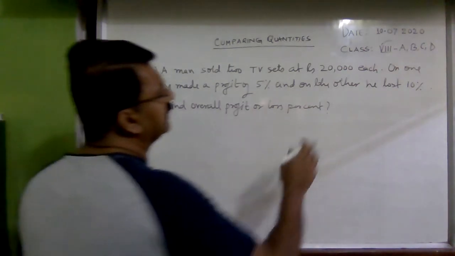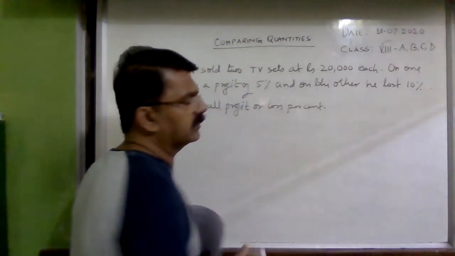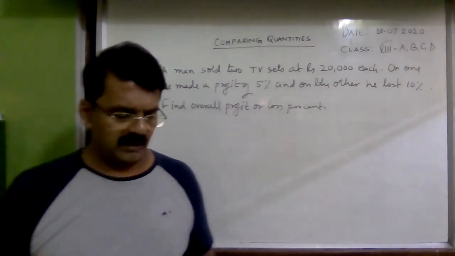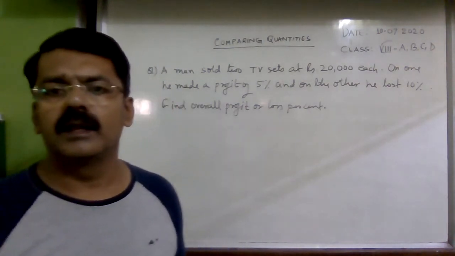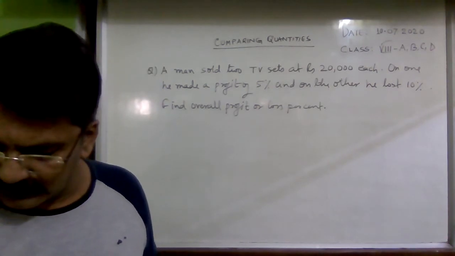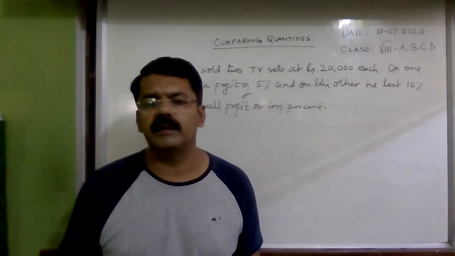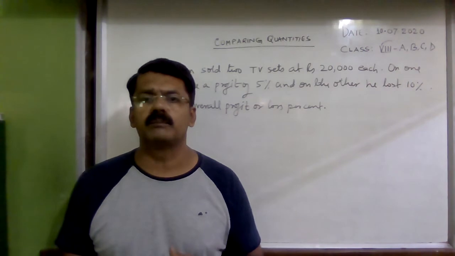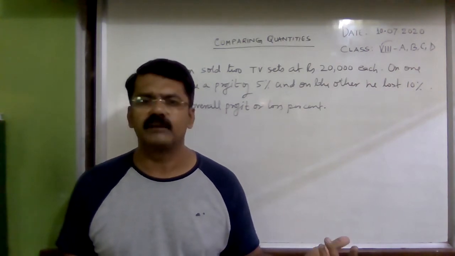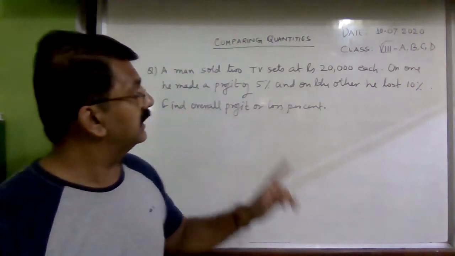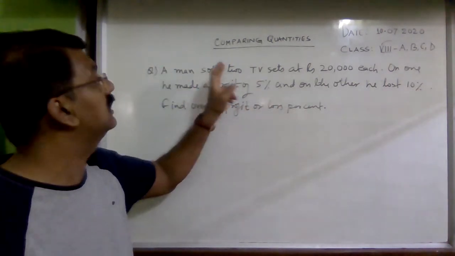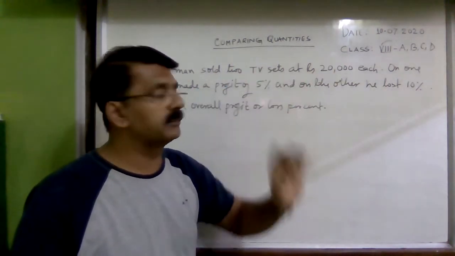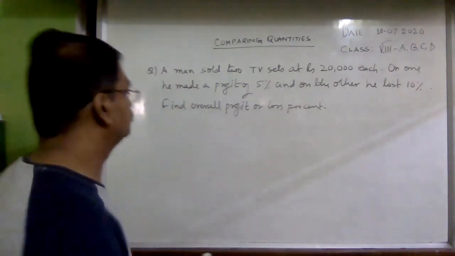So in the previous lecture we did a question of this type, but the difference is there they gave the cost price of both the fans. Here they have given the selling price because it is written a man sold 2 TV sets at rupees 20,000 each.